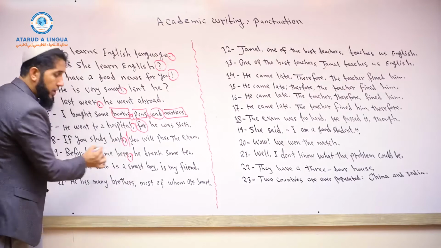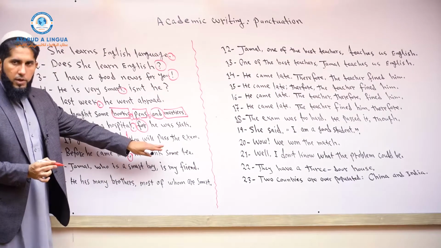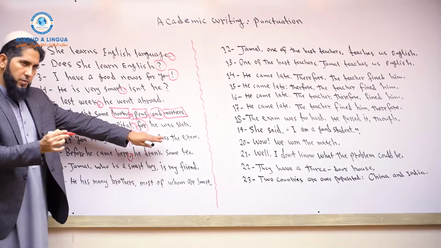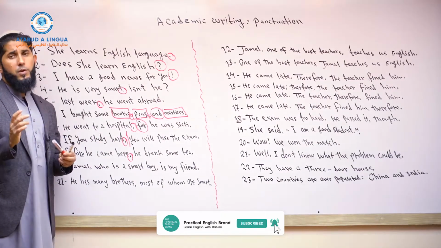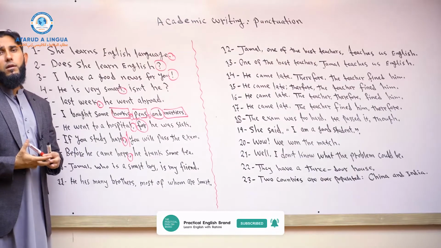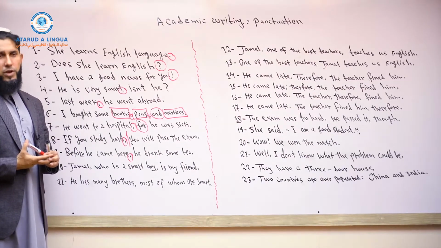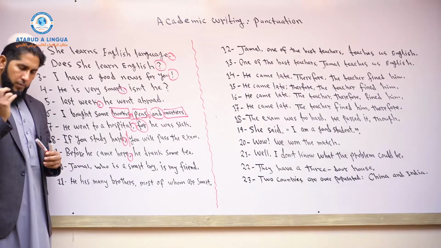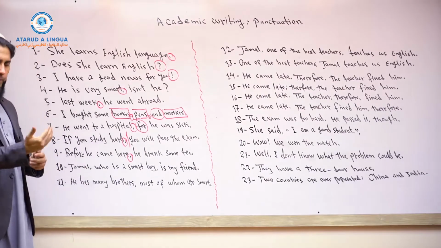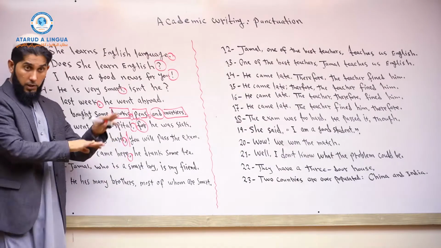What do you need? You need a comma, and then the independent clause or the main clause should be brought after that, okay? So you should do the same thing with all adverb clauses. Whenever you want to bring your adverb clause first in your complex sentence, you need a comma in the middle of your sentence. Is it clear?